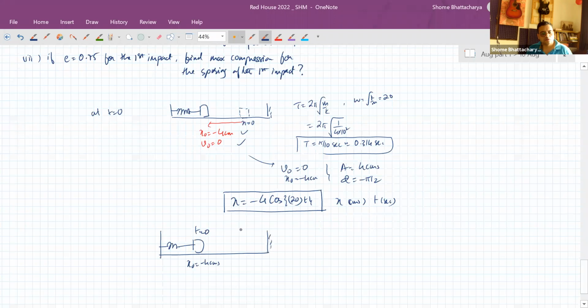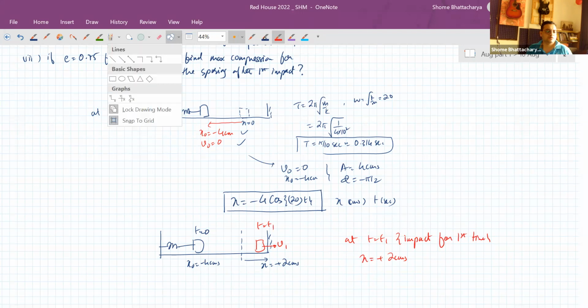And this is where the wall is at plus 2 centimeters. So if it comes and hits the wall at some time t1 with a speed v1, you can see that at t equal to t1, impact for the first time, x should be equal to plus 2 centimeters. Okay. So now you can understand this.